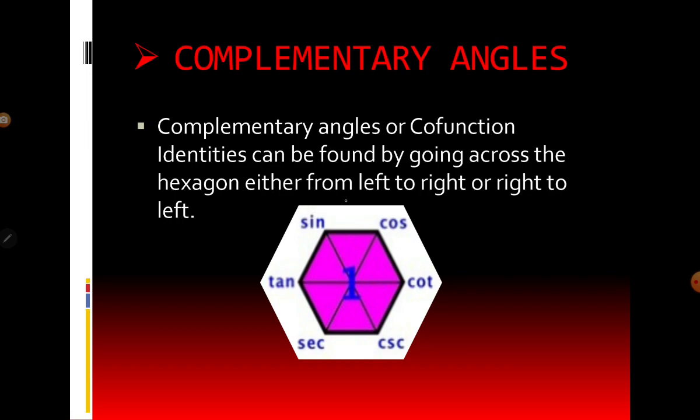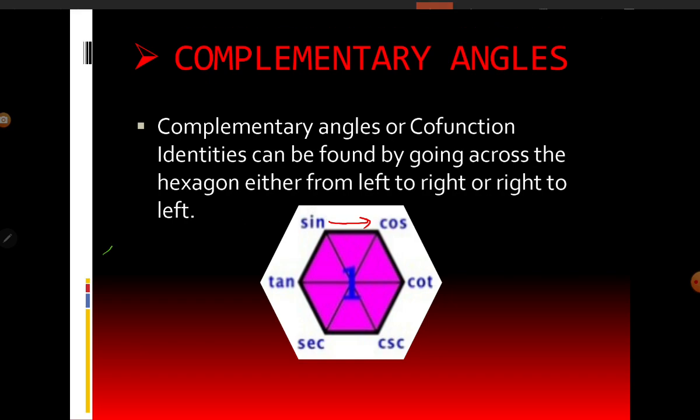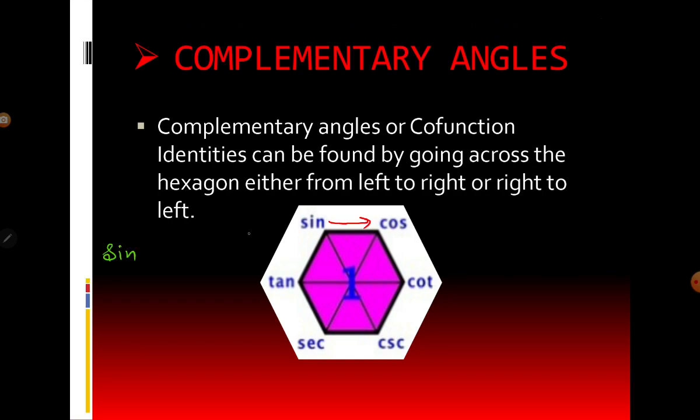So how can we write? If I am coming from sine towards cos, we can write sine theta is equal to cos of 90 degree minus theta.